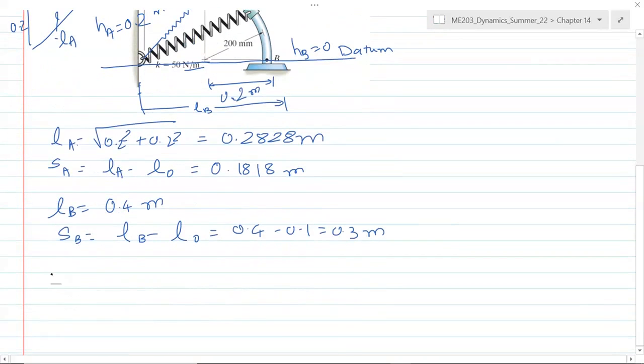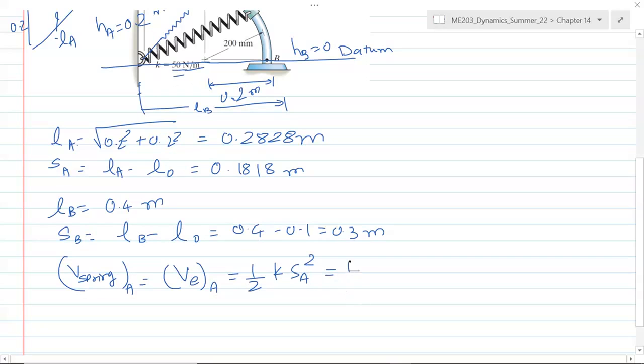So it's time to calculate the spring potential energy at A and B. So V spring at A, which is VEA, equals 1/2 K SA square. Now K is given as 50, so it's 1/2 times 50.